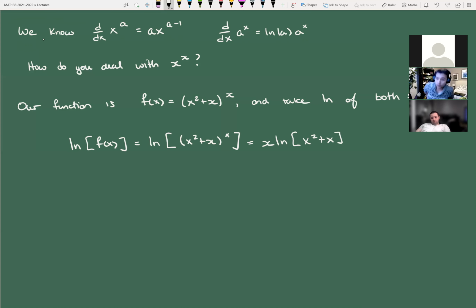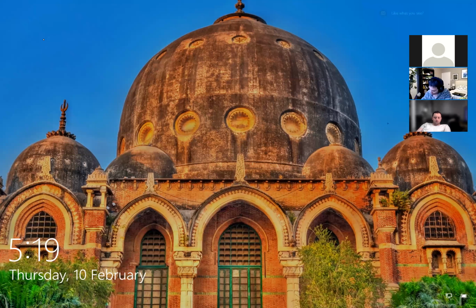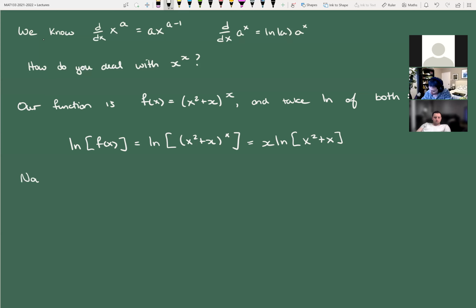Okay, now we're just going to differentiate both sides. And now here's where we use that thing that we talked about on Tuesday, right? When we talked about what is the derivative of ln f of x? Well, we said it's f prime over f, right? That was one of the things that we found. So now differentiate.